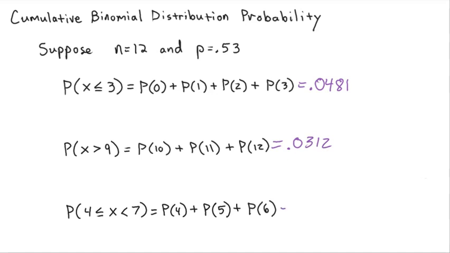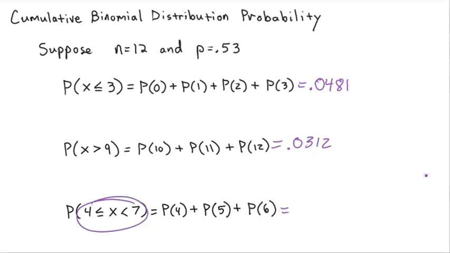So this is going to be 0.0312. And then this last one here says the probability that x is between 4 and 7. But notice how it says x is greater than or equal to 4. That means we're going to include 4. But less than 7. That means we're not going to include 7. We're only going to go up to 6.